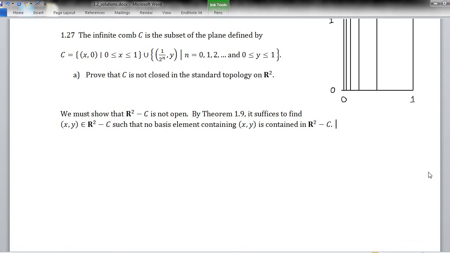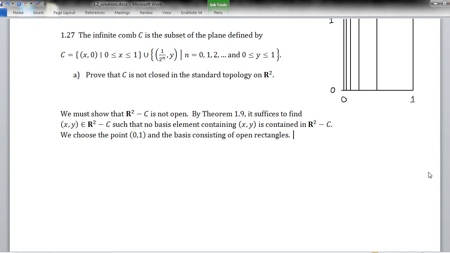So we've got to pick a point and a basis. How about we choose the point (0, 1), and the basis consisting of all open rectangles in R2. Okay, we could choose open balls instead if we wanted to, but this will work just fine.